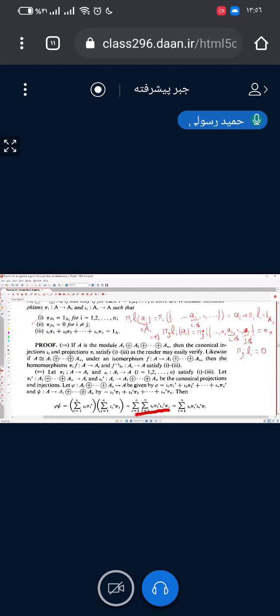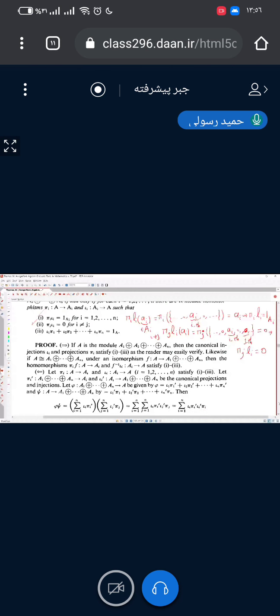We can put 0 instead of the positions that have different indices, and so we can write this formula in this form. So this is equal to sigma L_i P_i, L'_i P'_i, from 1 to n.